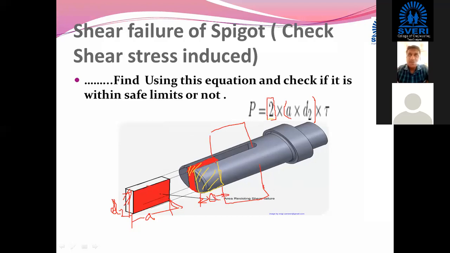Okay, so a multiplied by d2, that will be the resisting area, as it is two side, that's why 2 is multiplied, and shearing is taking place, that's why shear stress.